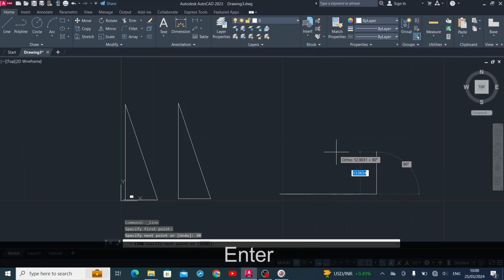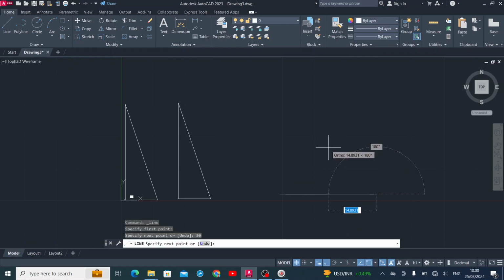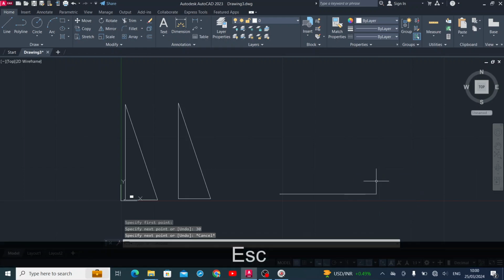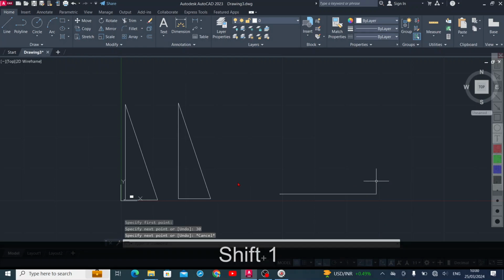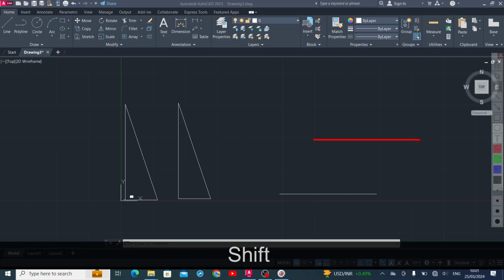Enter. Again, it will go up 30, but the inclined length you should know. Inclined length is 30, but the angle is 60 from the inner side of this triangle. If you show that, one minute, see here.